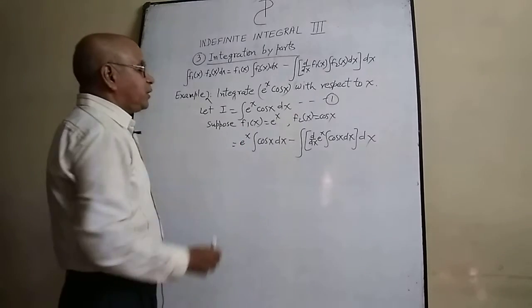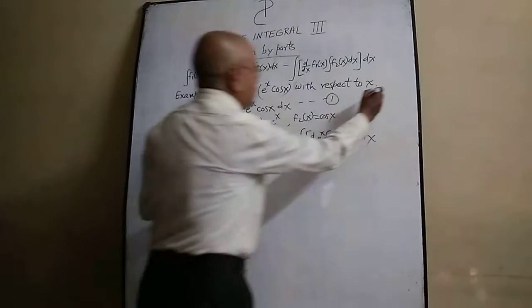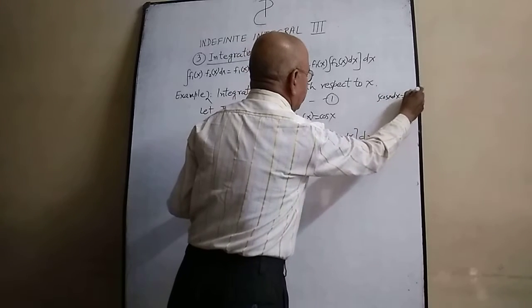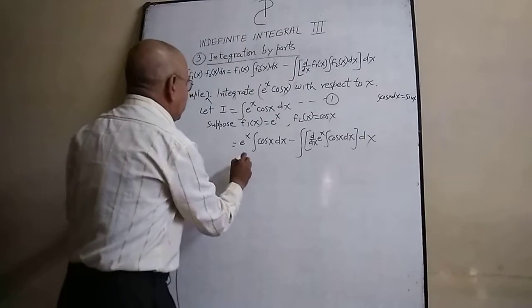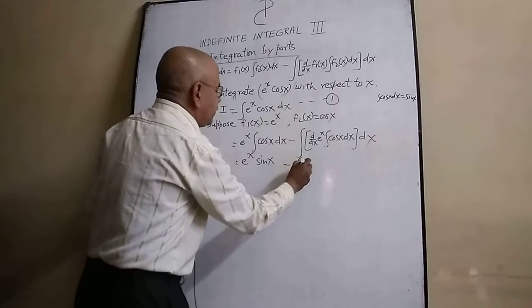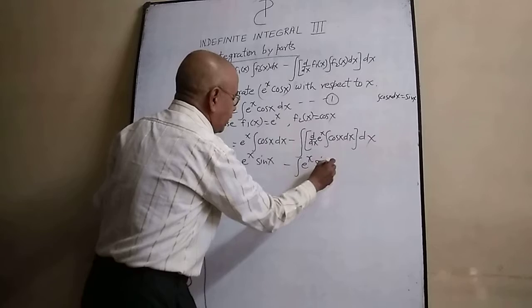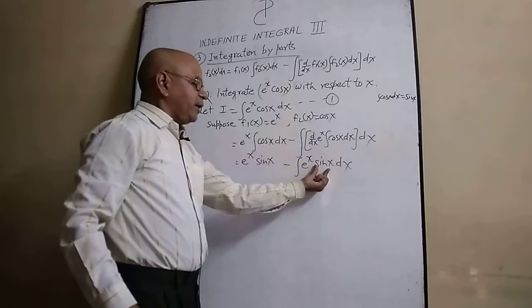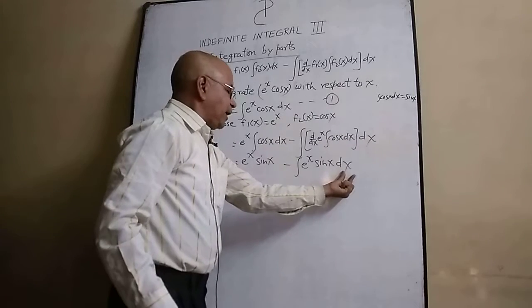Now what is the integration of cos of x? The integration of cos of x is sin x, and therefore this is equal to e to the power x sin x minus the integration of e to the power x sin of x dx.